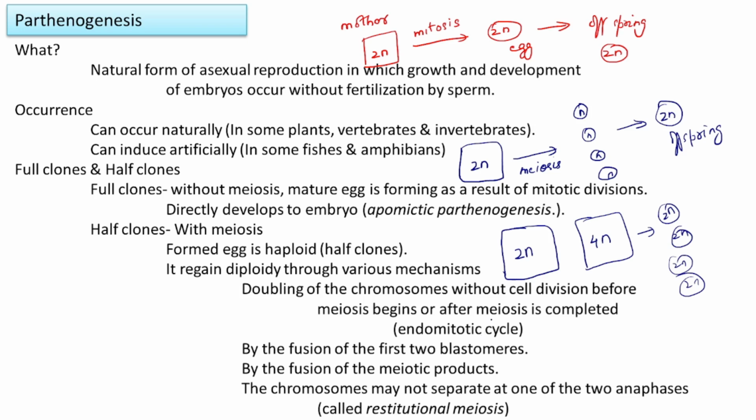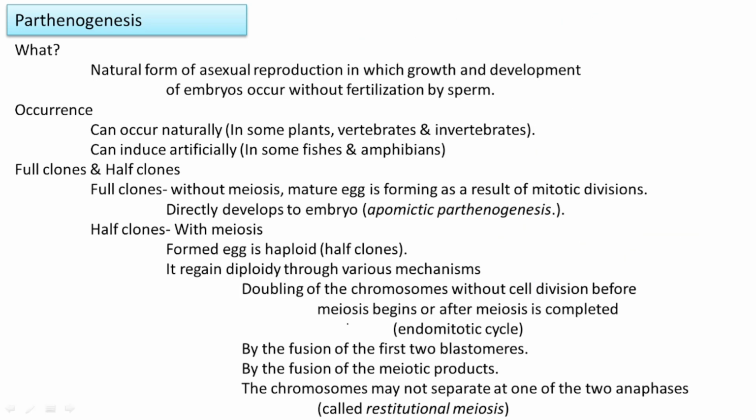Then there are some other methods also. Either by the fusion of the first two blastomeres. Blastomeres, we know that as the zygote undergoes division, the formed cells are called blastomeres, and the first formed two blastomeres fuse with each other.